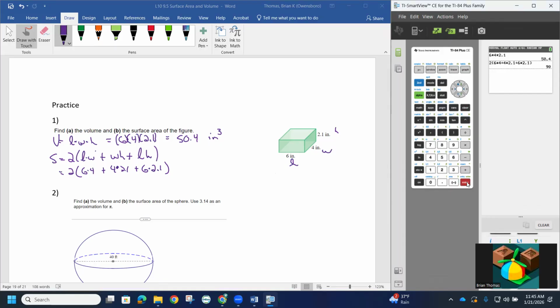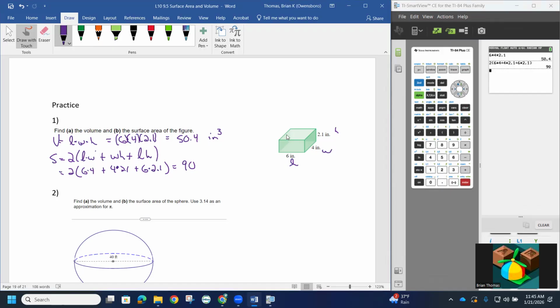How you want to do that is going to be up to you. You can do it in smaller pieces if you want, but in the end, our surface area is going to be 90, but 90 what? Remember, surface area is how many, in this case, square inches it takes to cover the surface. The inside is how much it holds.